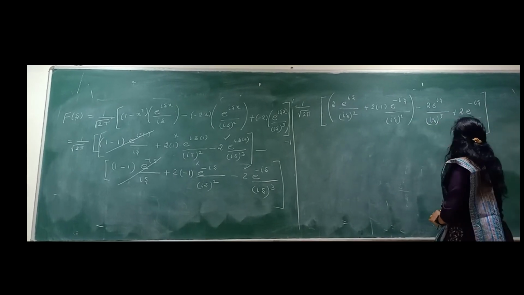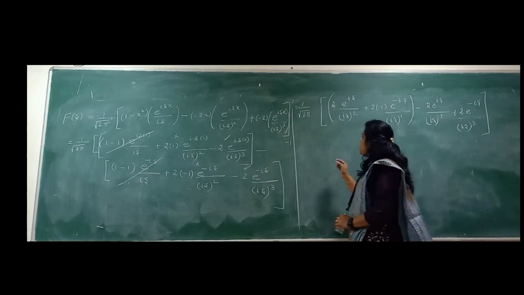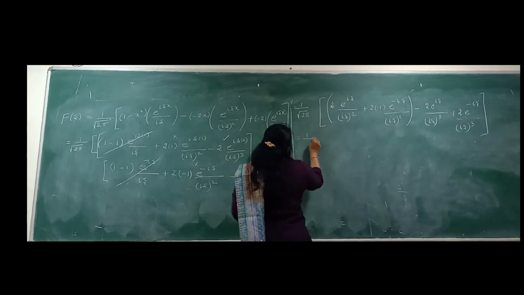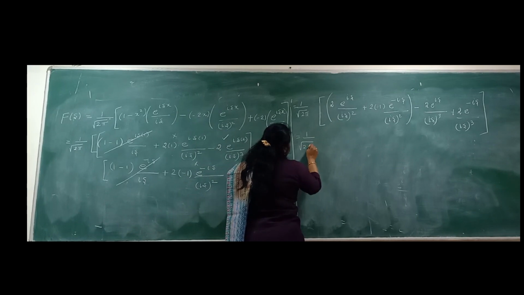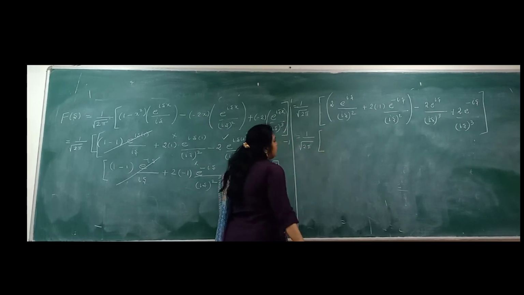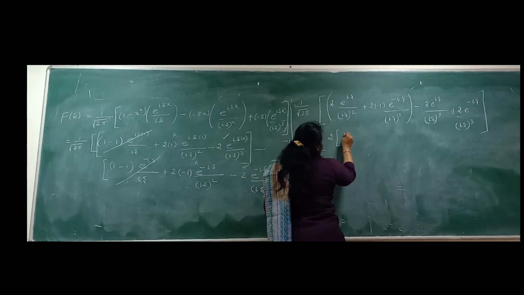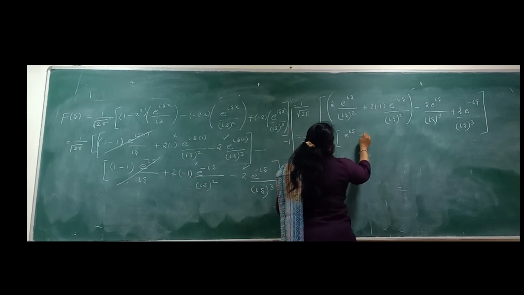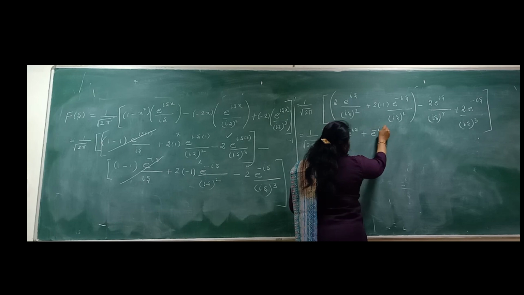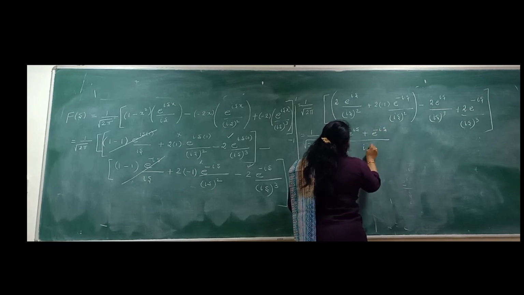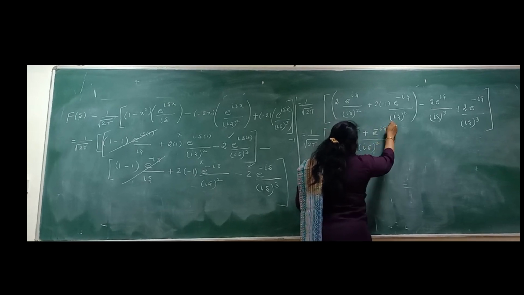Okay. If you take the common term, next step we will do that, which is 1 by root of 2 pi. So 2 is a common term. So we will take e to the power is plus e to the power minus is divided by is the whole square.